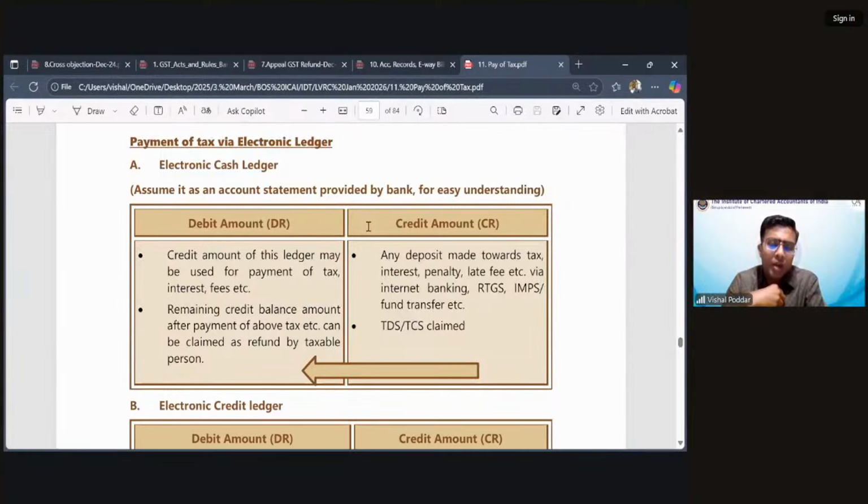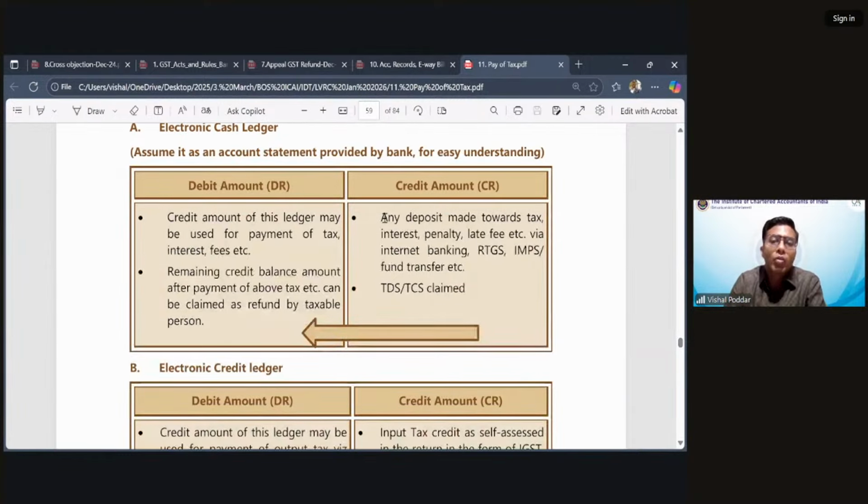So whenever you are depositing money in your cash ledger, that amount is credited to the cash ledger. So amounts which are getting deposited in the cash ledger, either by your action or because of TDS, TCS which is claimed by you, that is credited.